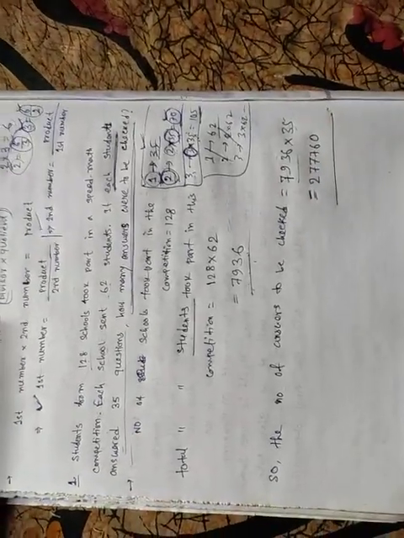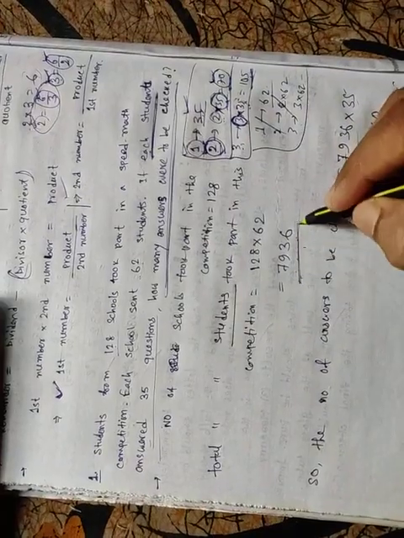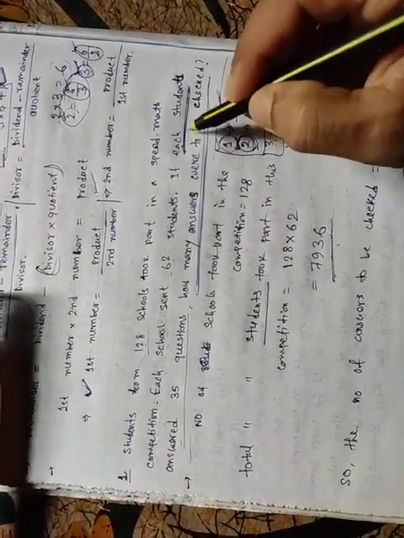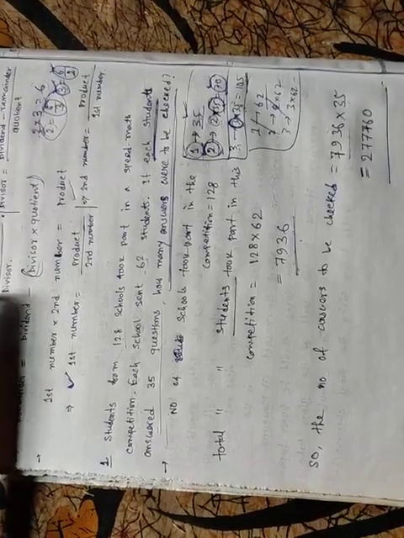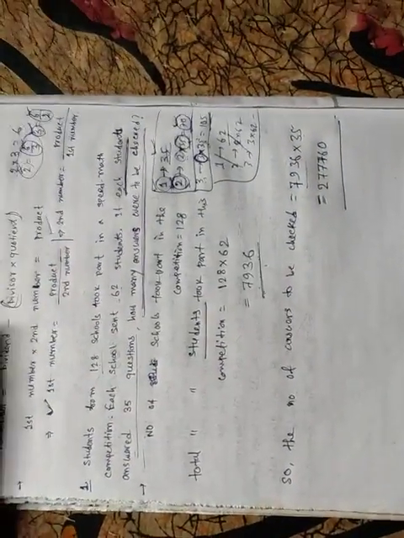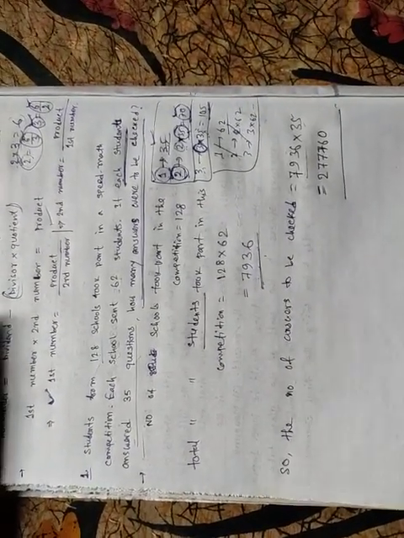That is the total number of answers to be checked. And clear why I am calculating the total number of students first: because one student answers 35 questions, so if we calculate the total number of students, then I can calculate the total number of answers to be checked easily. Clear?